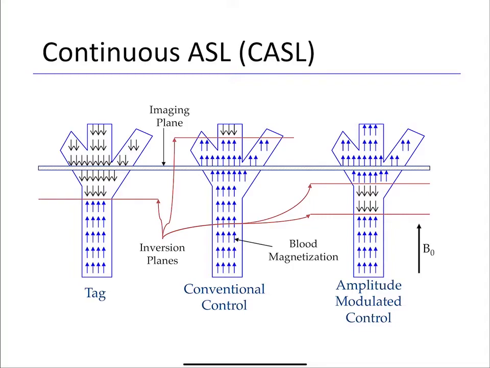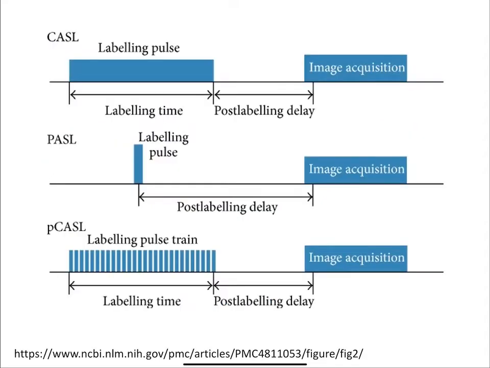But it was one of the first ways that ASL was done, so it's still talked about. What you will see is something called pCASL, and that's what you'll see at the center, which is pseudo-continuous ASL. As I just said, CASL has the problem that there's this long labeling pulse, and so MR systems tend not to like that.